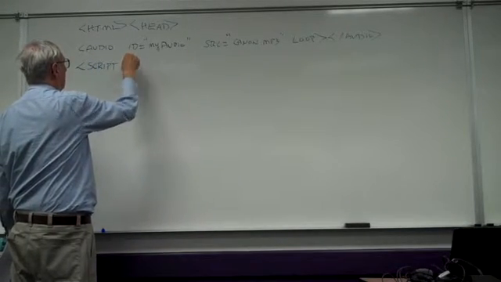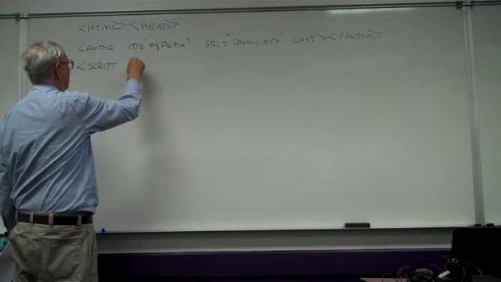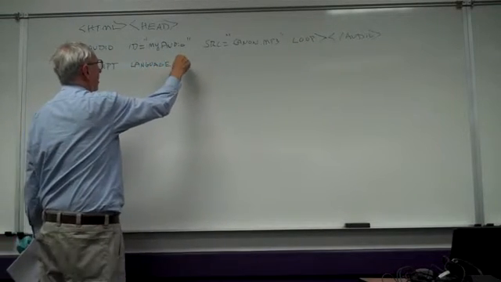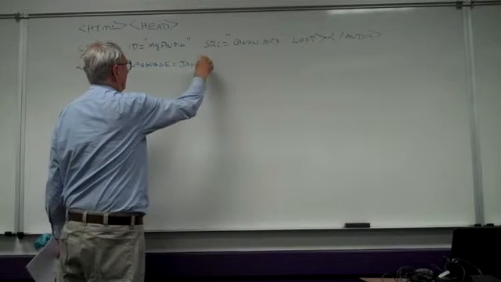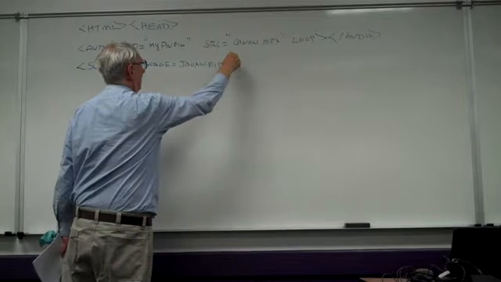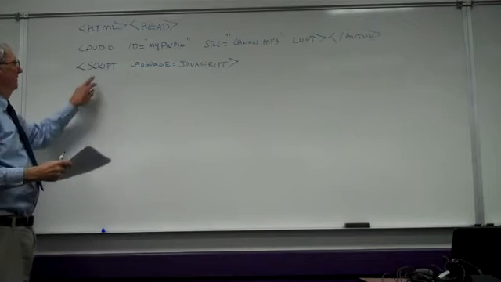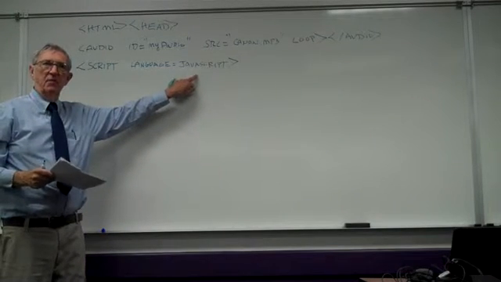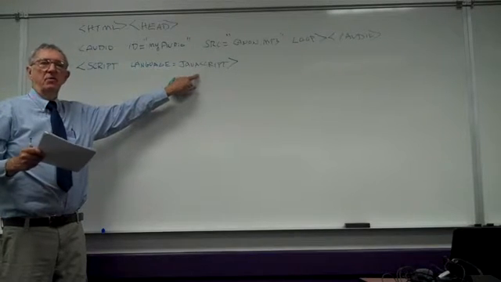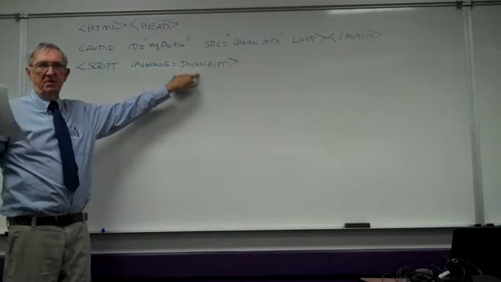Let's see, I don't want to use type equals JavaScript. I thought it was language. I should do language, I guess. Do it that way. There are several of them you can use, by the way, and they all work. Here, again, is where a problem comes in. When they first started having script and that language attribute, they weren't sure of how they wanted to do it. The other one we use is type equals quote text slash JavaScript.